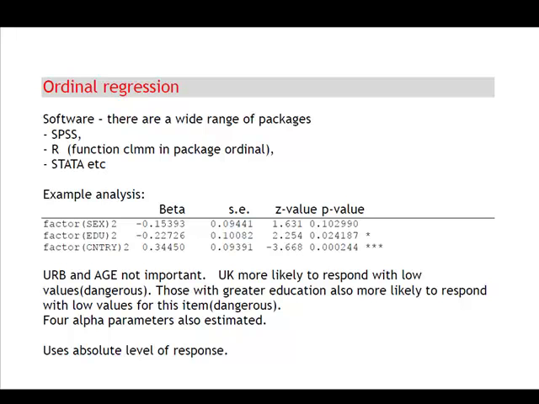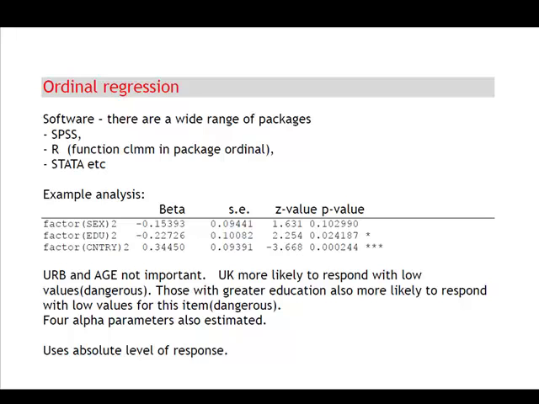So having said that, you can fit this model in virtually any statistical package you care to name now. In particular, SPSS, R, using function CLMM in package ordinal, Stata, and I'm sure you can do it in SAS as well, but I haven't looked at that. So if we do that, then we can see, for example, this is a kind of halfway house in terms of analysis.